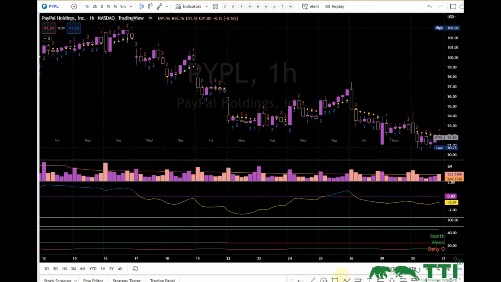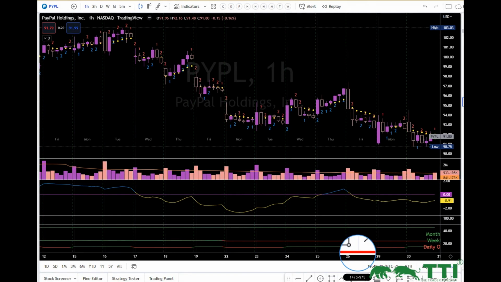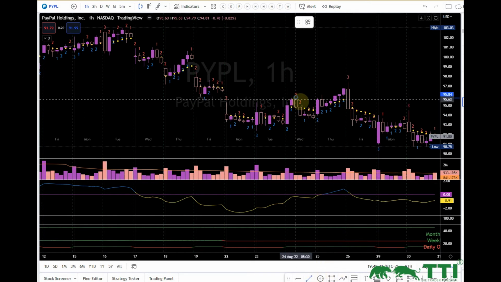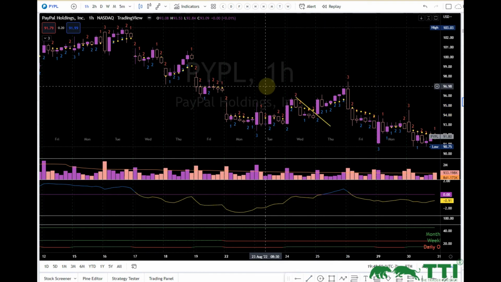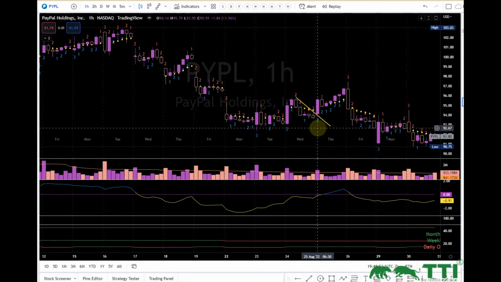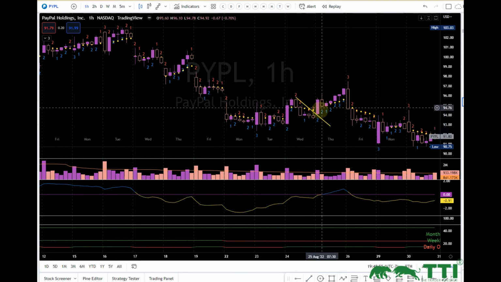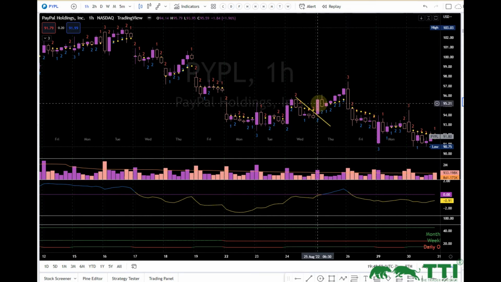Boom. Let's just say I have this trend line, right? So I break out of this trend line. I don't take the trade as soon as I break out of this trend line.